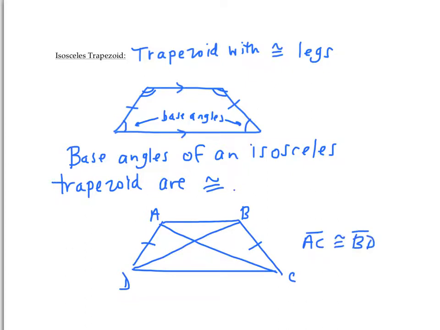That's a theorem. Okay, that the diagonals of an isosceles trapezoid are congruent.